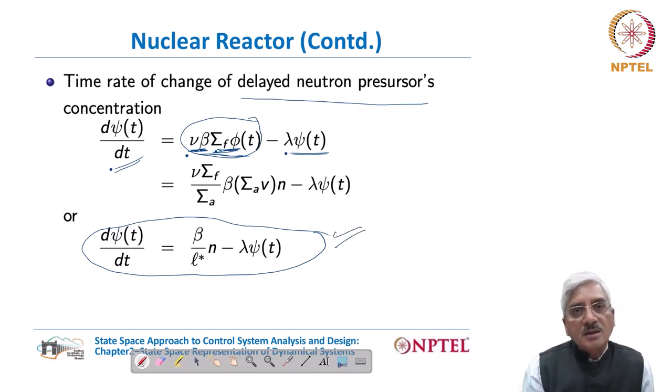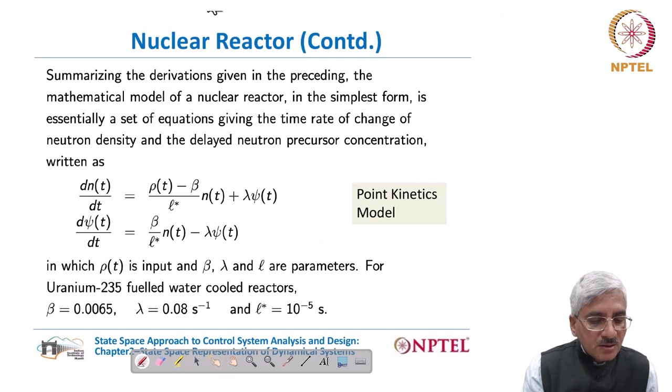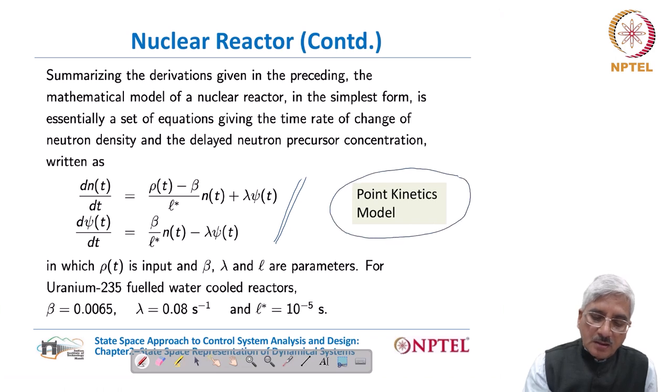And these two are the dynamical equations characterizing a nuclear reactor. However, they are non-linear, so we try to linearize them. I have rewritten these equations here, and in the nuclear domain these are called the point kinetics equations of a nuclear reactor.